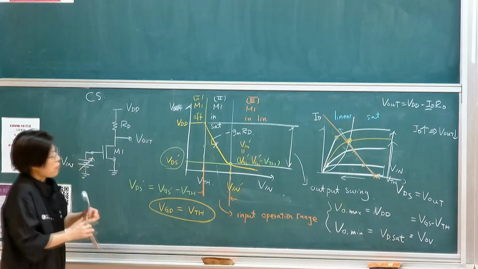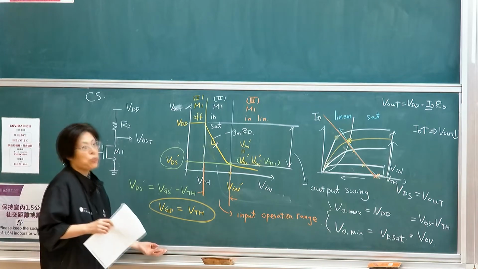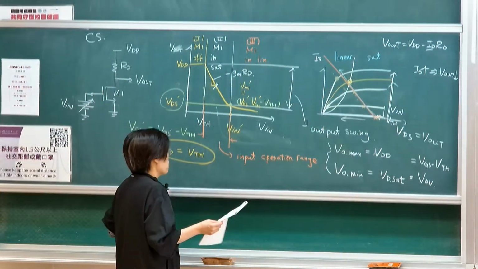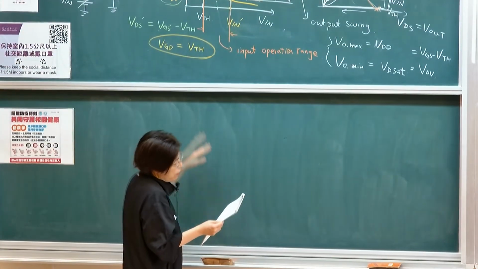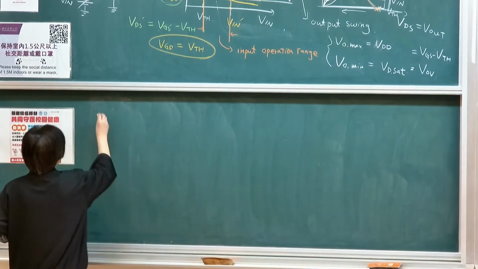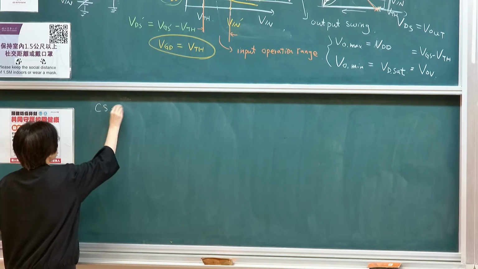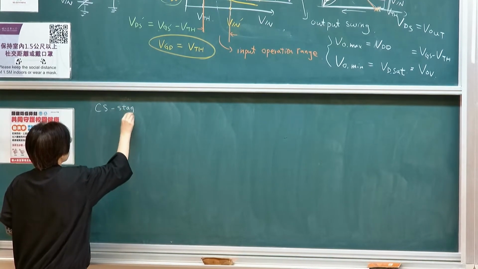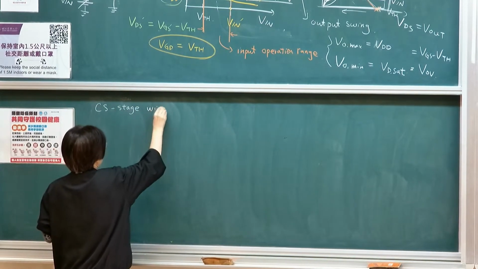So let's look at if I have two transistors. This is only one transistor. So what if I have the common source stage with PMOS load?